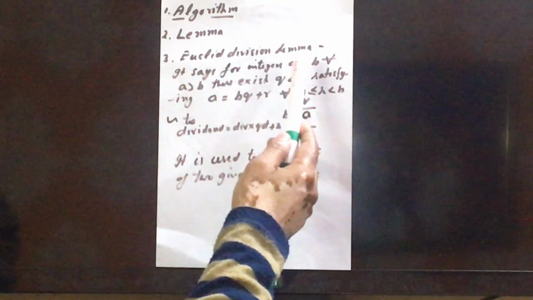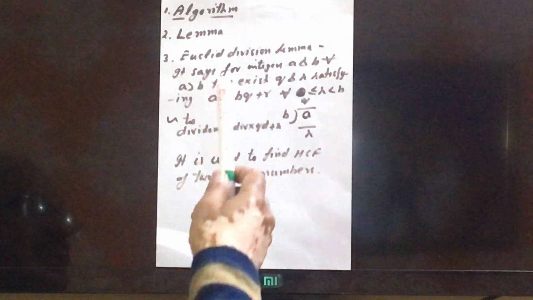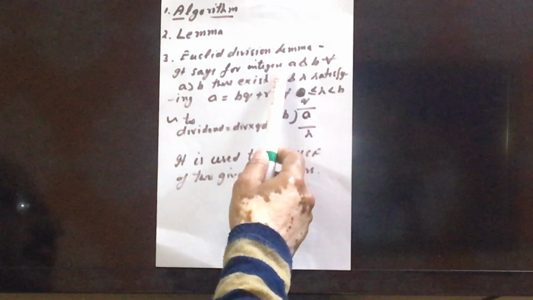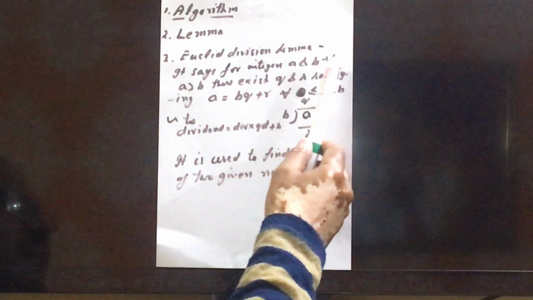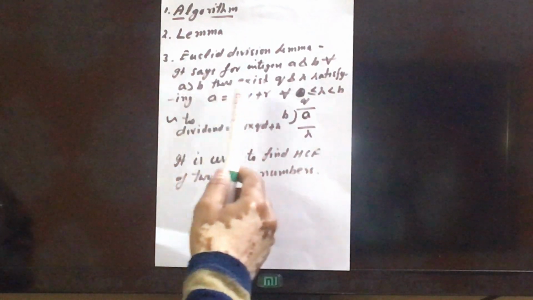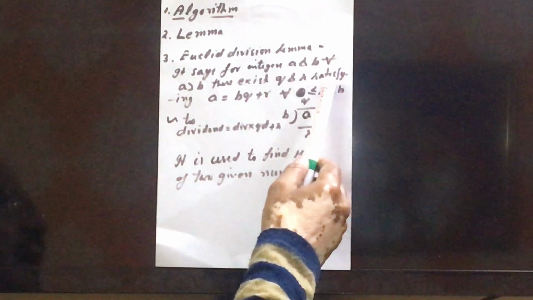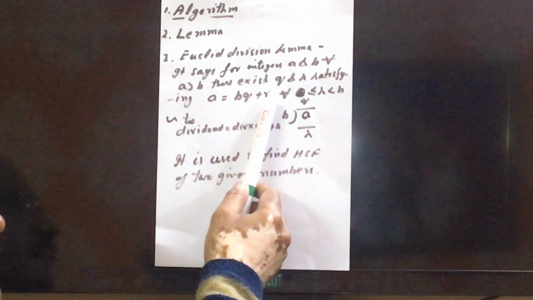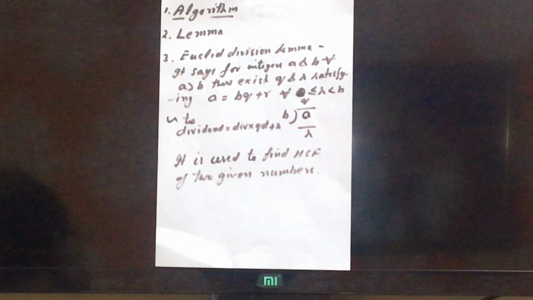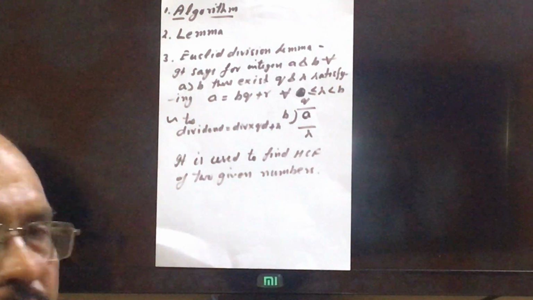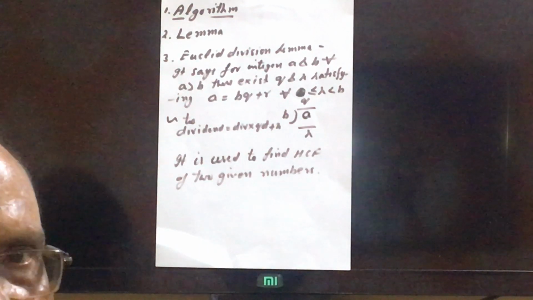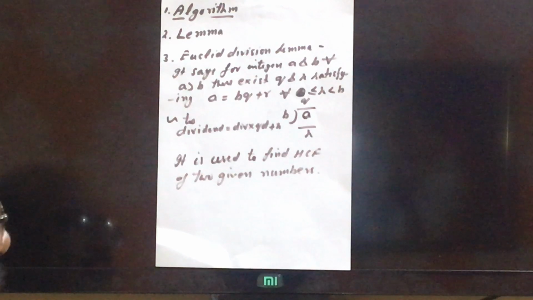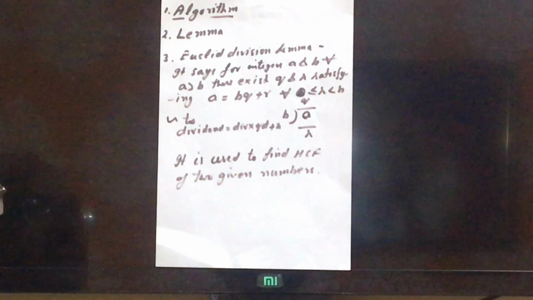Now Euclid division lemma. If we say for integers a and b, where a is greater than b, there exist q and r which satisfy the relation a is equal to bq plus r, where r is greater than or equal to 0 and r will be less than b.